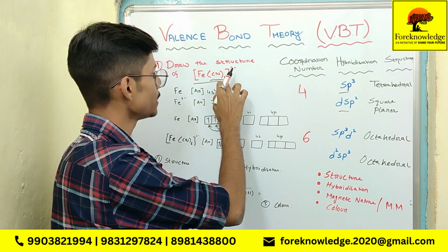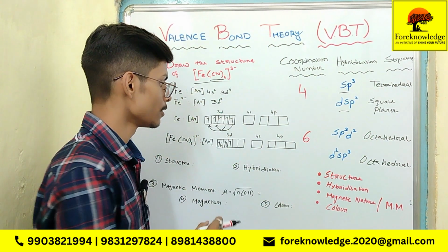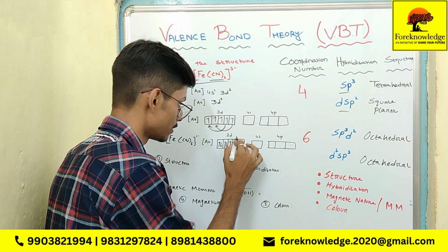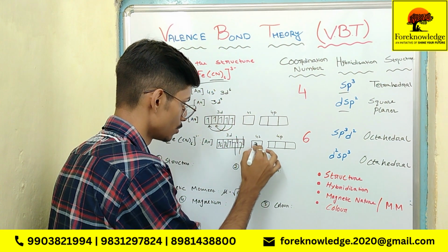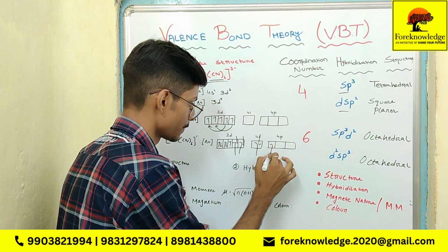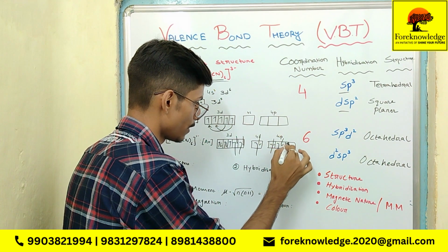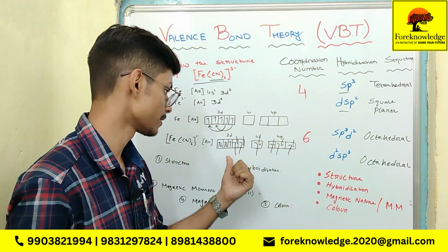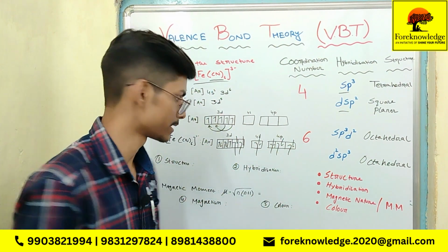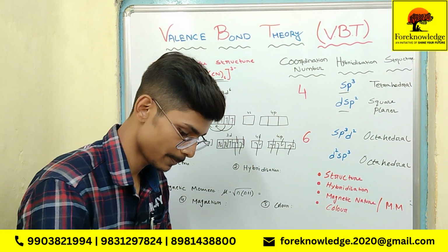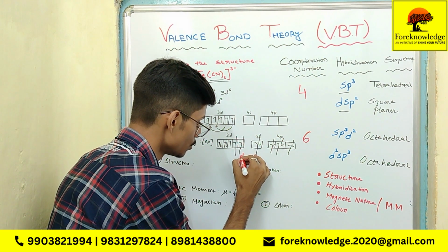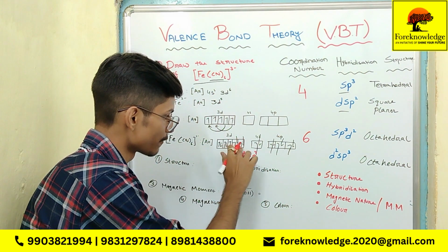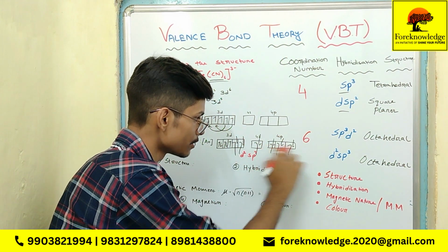How many CNs are present? 6. So it will fill up 6 shells. I am filling it up: 1, 2, 3, 4, 5, 6. I have filled 6 shells. So what is this hybridization? It is d2sp3: 2 shells of d, 1 shell of s and 3 shells of p.